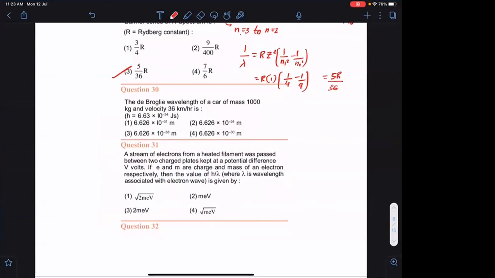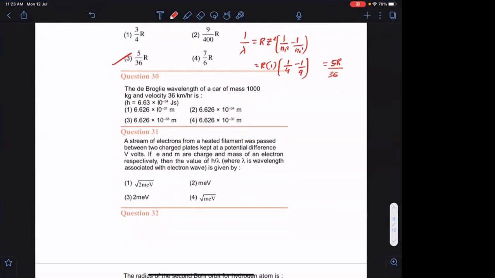Okay. How to convert kilometer per hour to meter per second? You need to put the value in meter per second, right? How to convert that? 1 kilometer is 1000 meters. 1 hour is 60 minutes into 60 seconds.